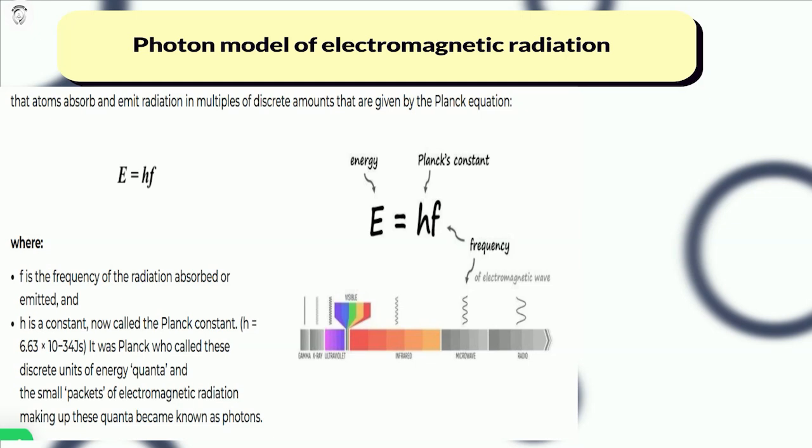Now this Planck constant has a value of about 6.6 times 10 raised to power minus 34 joule seconds. It was the scientist Planck who called these discrete units of energy quanta, and then these small packets of electromagnetic radiation became known as photons.